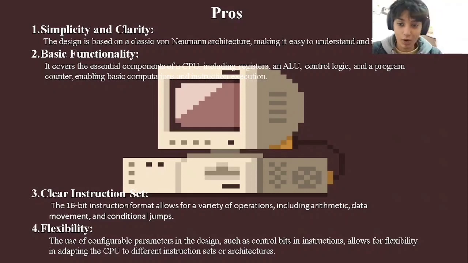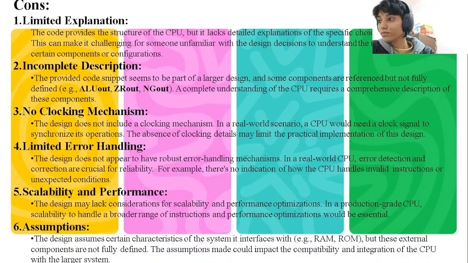Now let's talk about the cons of the CPU. Limited explanation: it doesn't explain properly what specific choices we made and why we did so. The incomplete description, like using ALU out, ZR out, NG out, it's not getting deep into the ALU part.